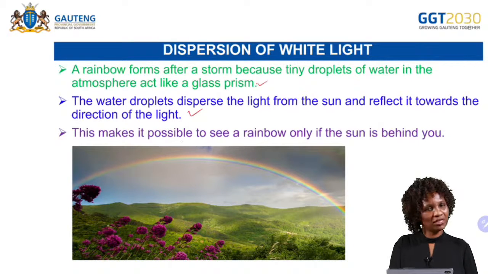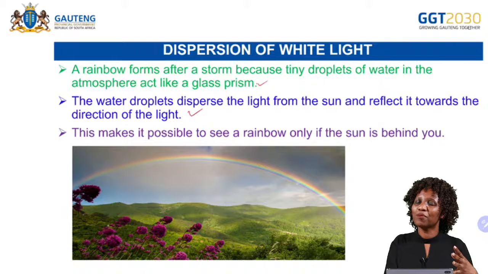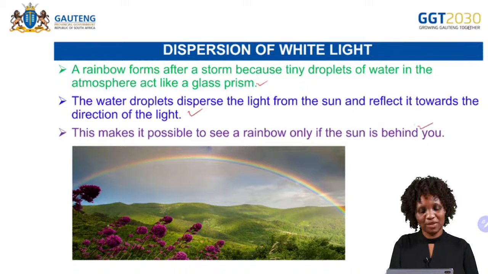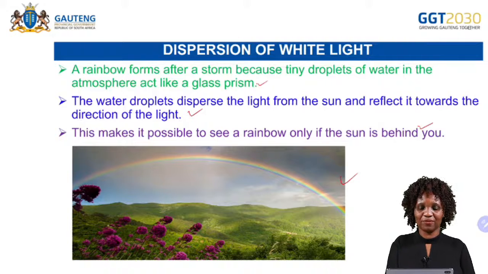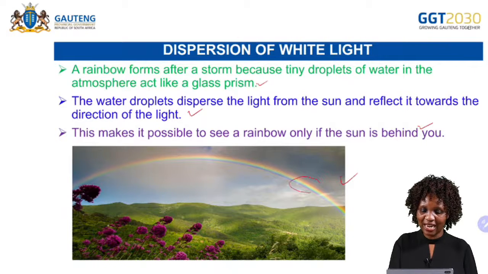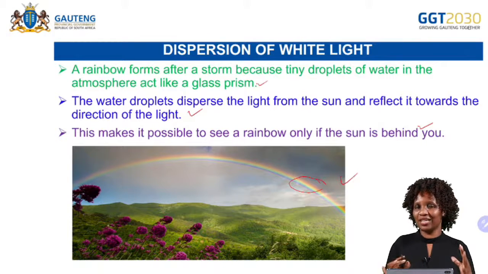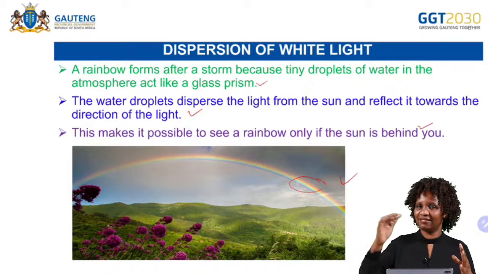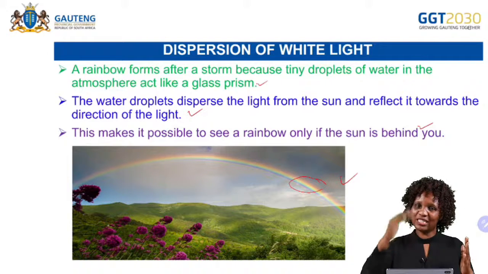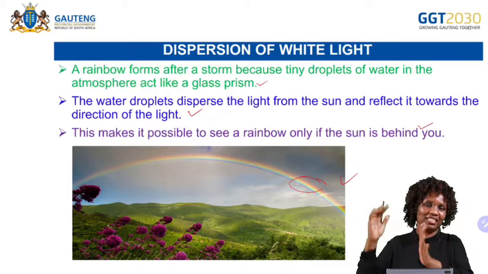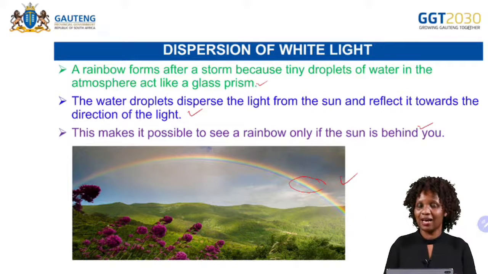This makes it possible to see the what? The rainbow only if the sun is behind you. You can see a rainbow here. This is an interesting picture. Can you see the rainbow and the colors? And look closely at the colors. They are blending. All right. There are no distinct lines, but they are blending into the other colors.